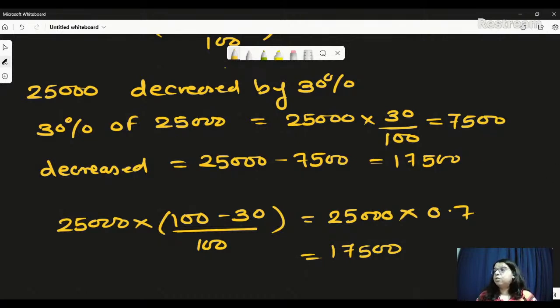Now what we are going to do is we are going to solve a word problem.